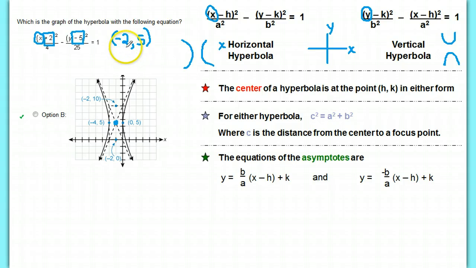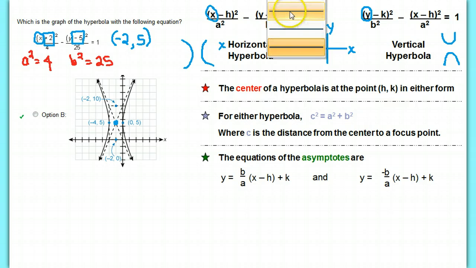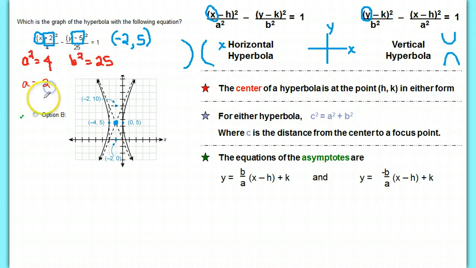Okay. Now we want to move on to the a squared and b squared values. So in our problem, because this number is underneath x, we know that that's a squared. So a squared equals 4 and b squared equals 25. Take the square roots, so a is 2, b is 5.